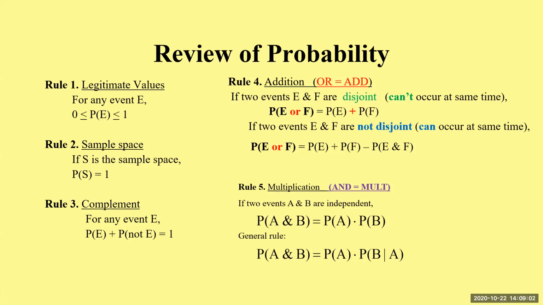If they're not disjoint, they can occur at the same time, which means that we have an overlapping region. If I count all of E and all of F, I'm counting that overlapping part twice. So I need to subtract one of those overlapping regions out. So probability of E plus probability of F minus the overlapping probability of E and F.